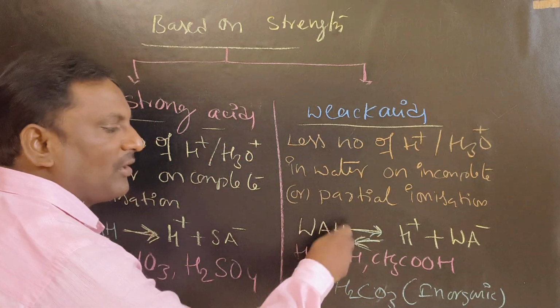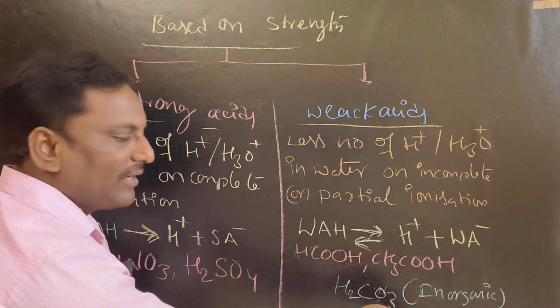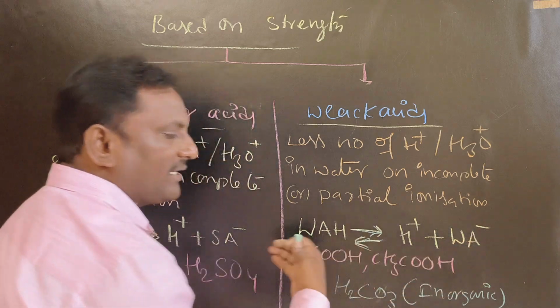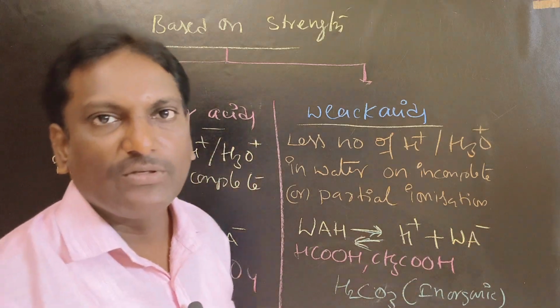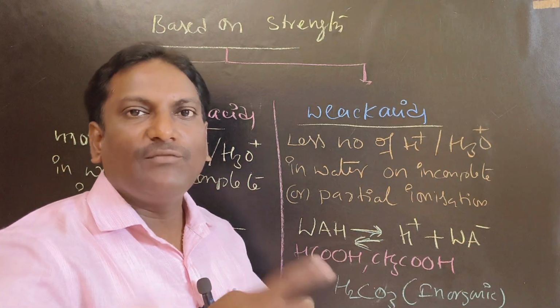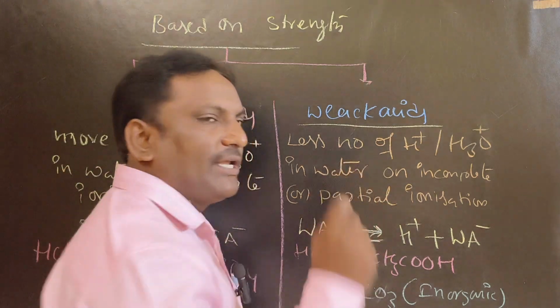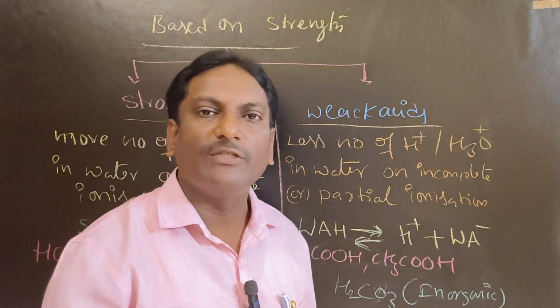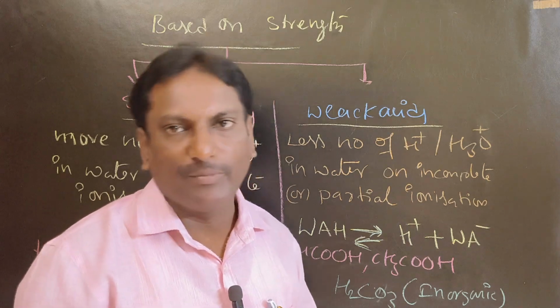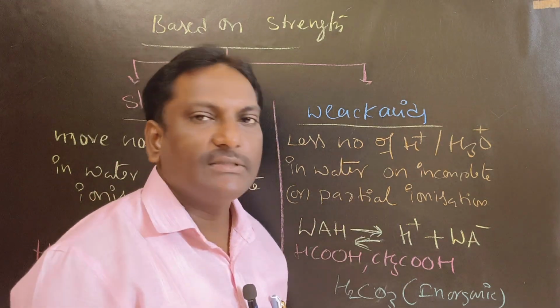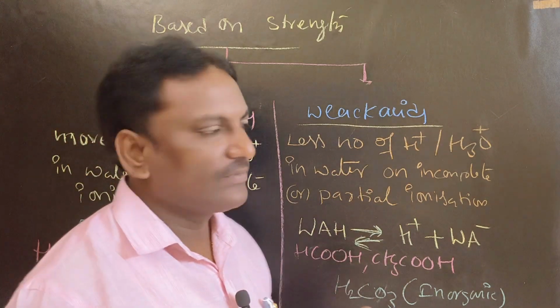That means the molecules split into ions and the ions combine and give back the molecule. So simultaneously forward and backward reactions are taking place. That's why there is no availability of more number of H plus ions or hydronium ions, so this is considered a weak acid.